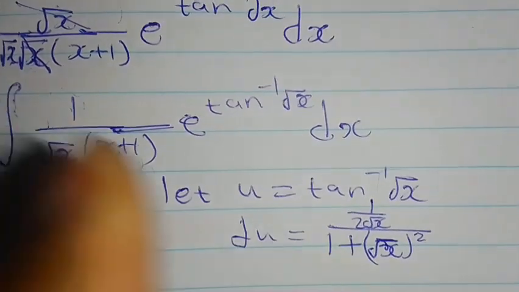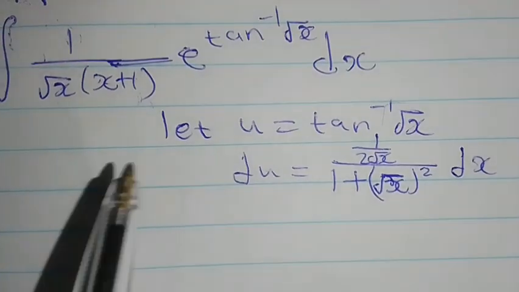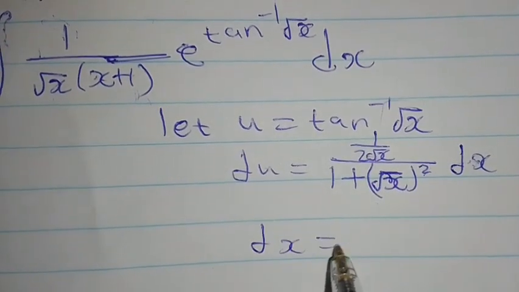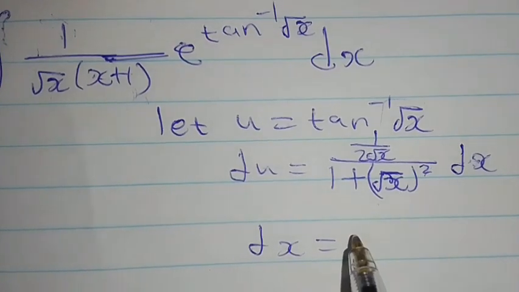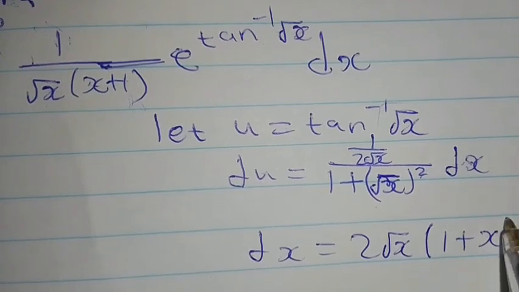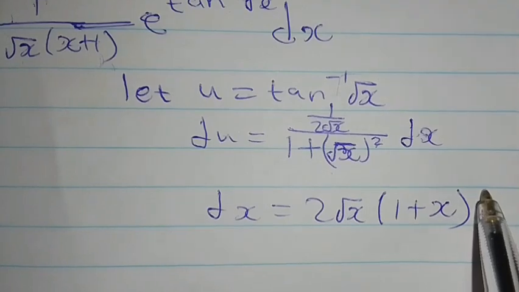So that's basically deriving arctan. And then if you further simplify this, you get that dx is the same as 2 root x multiplied by 1 plus x du.